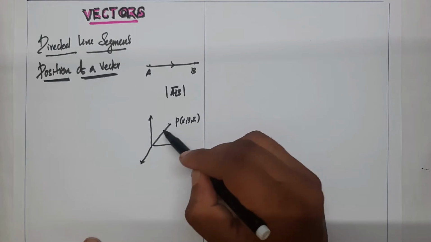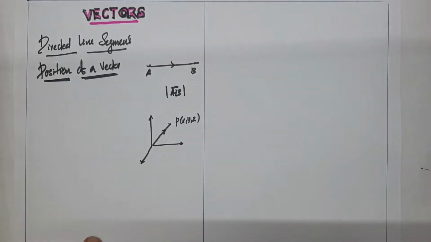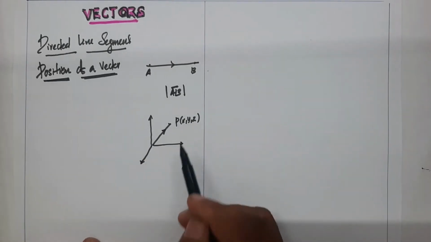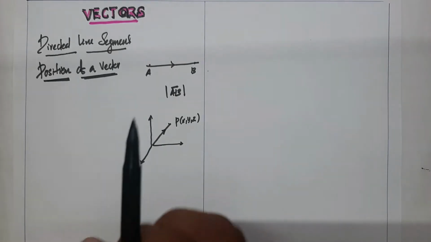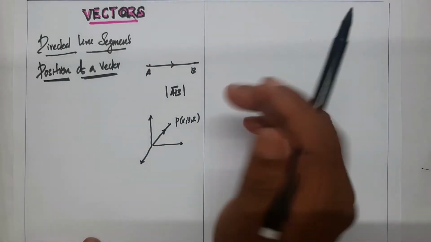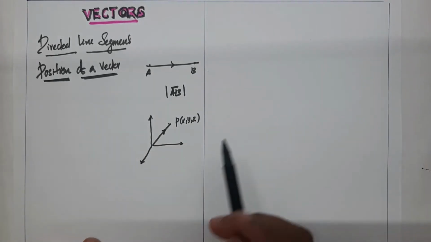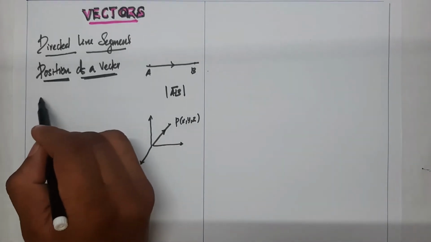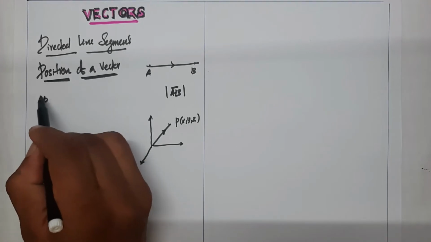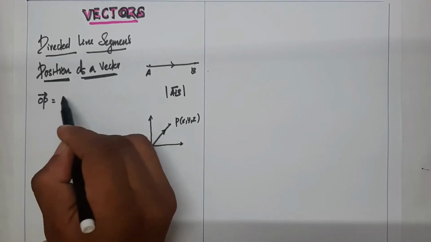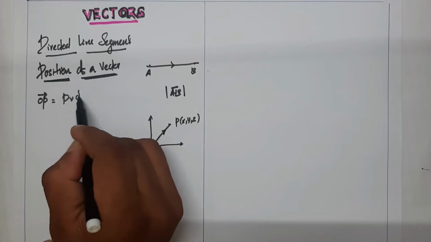Then we define the position vector of P. P is just a point in space; we connect the origin to the point P to form a vector. That is, the position vector of P is defined as vector OP.